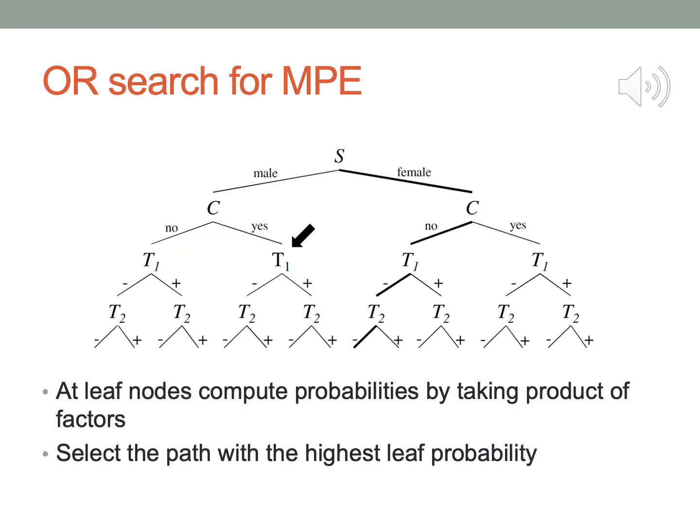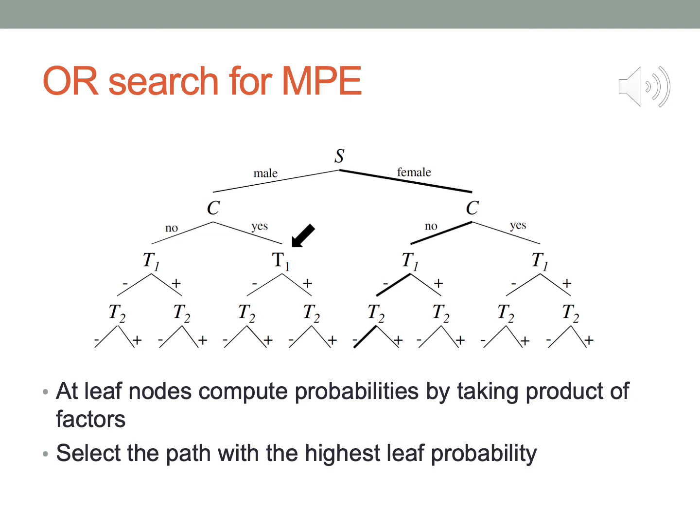Next, what we'll do is we'll discuss search-based algorithms for computing the MPE probability. We will start with the naive algorithm and then move to a more sophisticated algorithm, and that sophisticated algorithm is called branch and bound. The naive algorithm is straightforward, right?